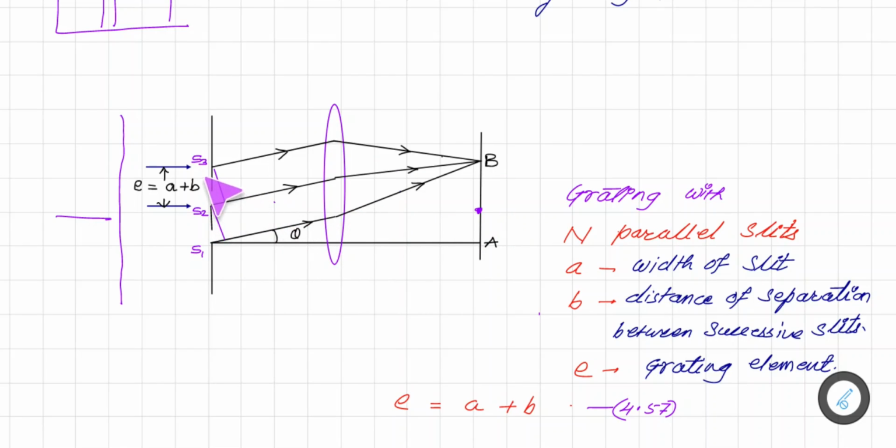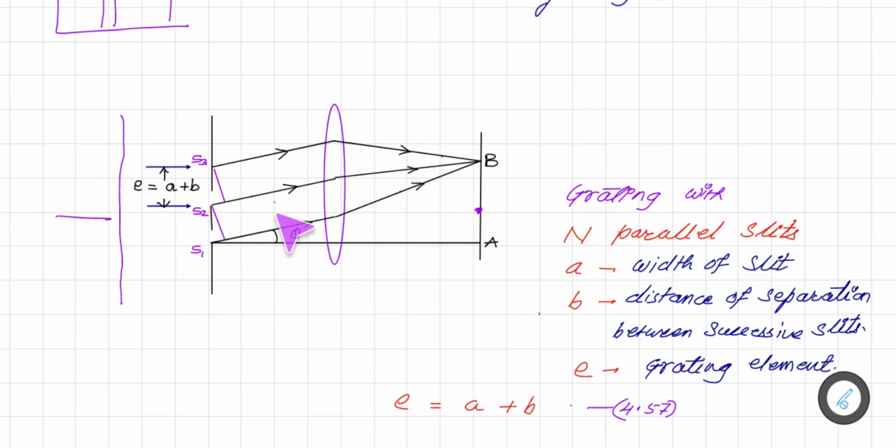But as this is a grating element and slits are there, when rays pass through a slit, due to the secondary disturbances they travel in another direction making an angle theta. So here it is shown that this ray is passing straight and incident on the screen, whereas this ray is making an angle theta. So that we have to consider.